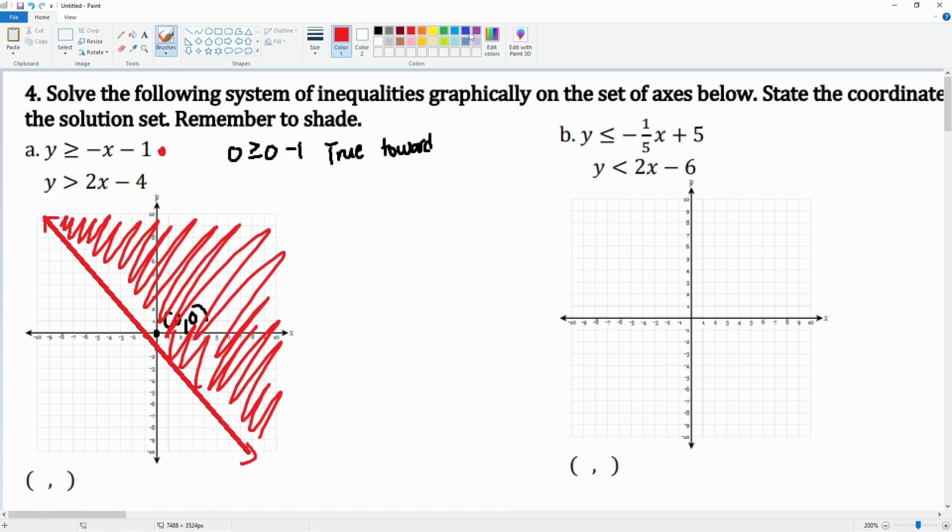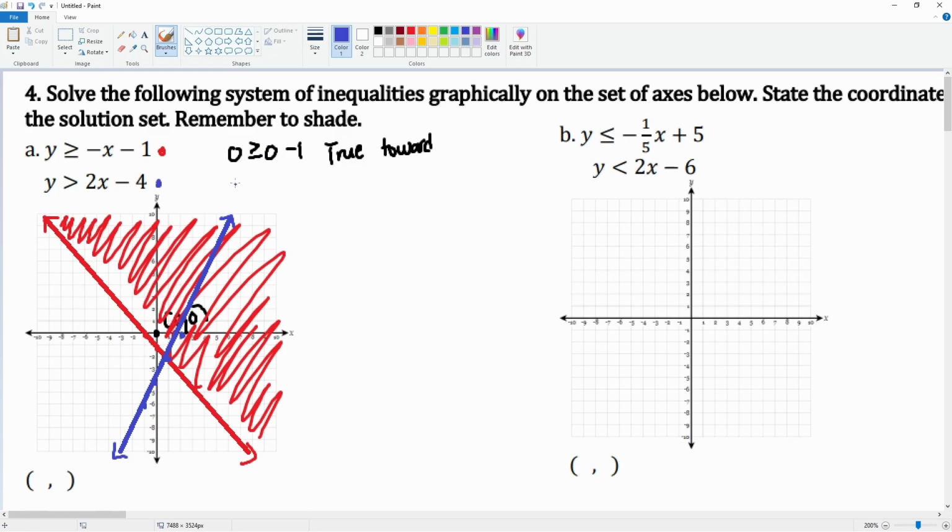And then let's graph this one, which is going to be in blue. -4 is right here, and it seems like we go up 2 across 1, up 2 across 1, down 2 across 1. Then I can connect it right here, and that is the other line.